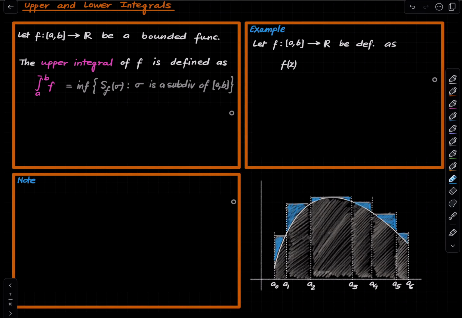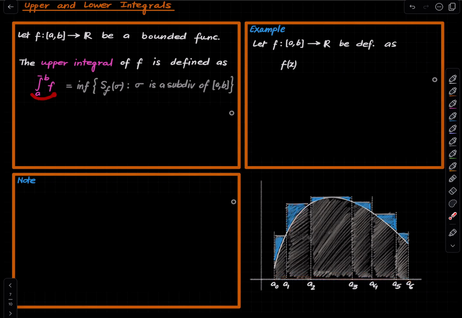Right? So if we take finer and finer subdivisions, which I'm sure you understand intuitively, finer subdivision meaning lots of points which are very, very close by. Finitely many points, but very close by. Intuitively, the finer the subdivision, the less the overestimate.